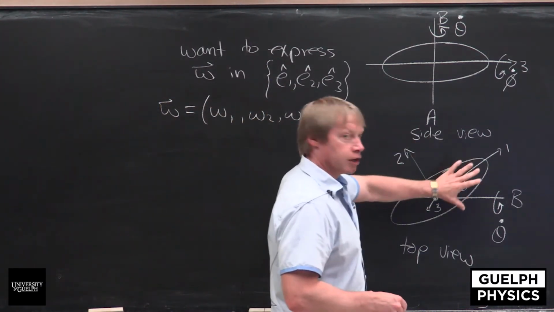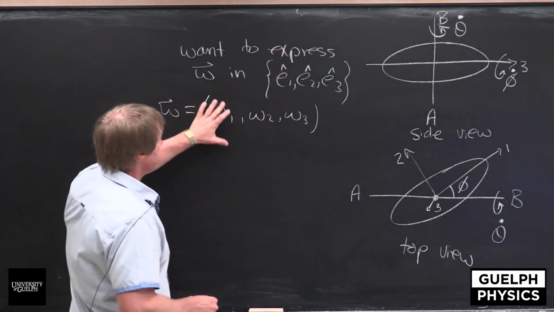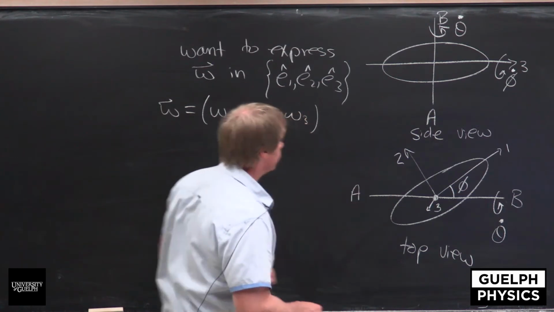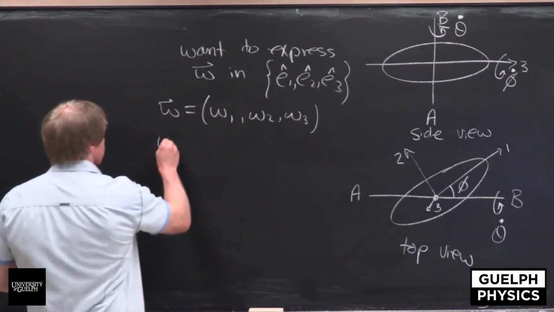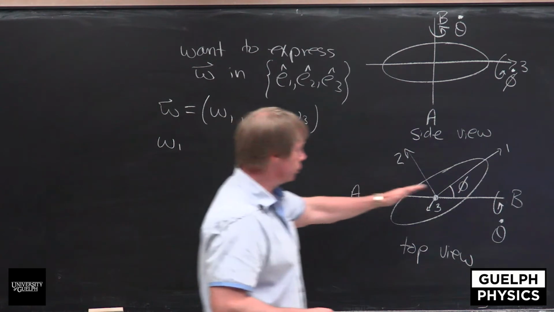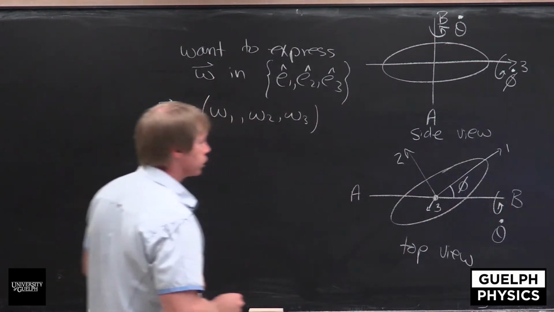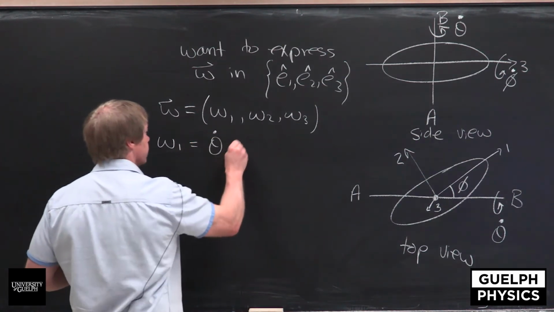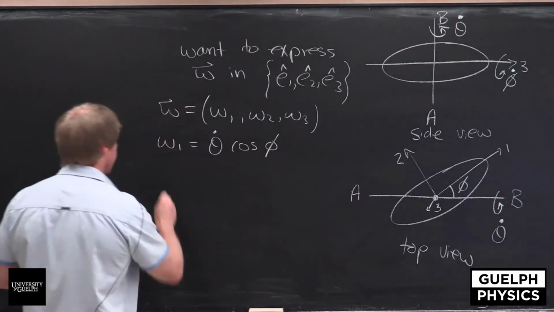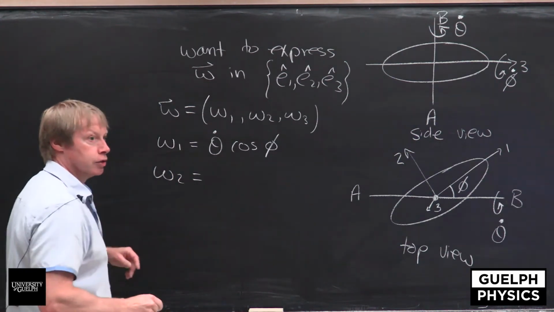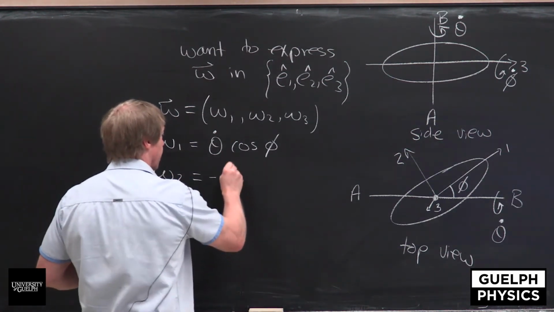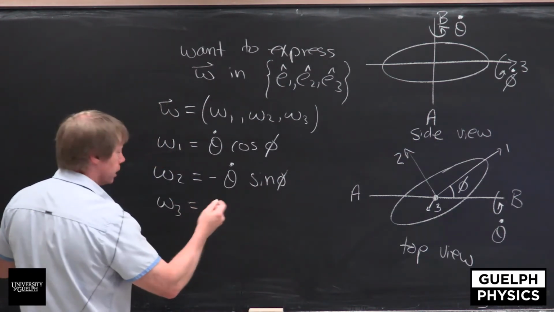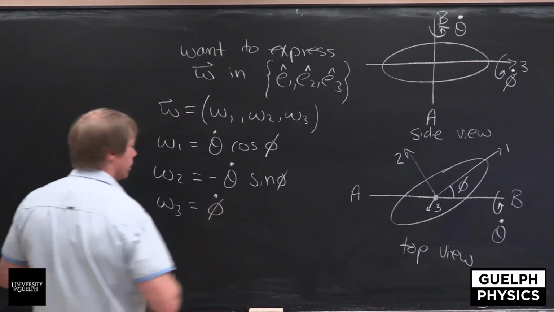So this looks like a fairly complicated rotation, but I'm now going to express these components in terms of 1, 2, and 3. And so omega 1, I just do the simple projections onto the 1-axis, and that gets me a theta dot cos phi. Omega 2 ends up being a minus theta dot sine phi. And omega 3, this is just my phi dot.